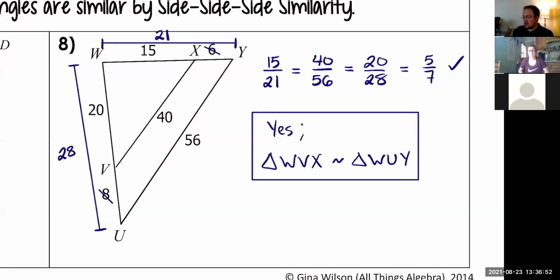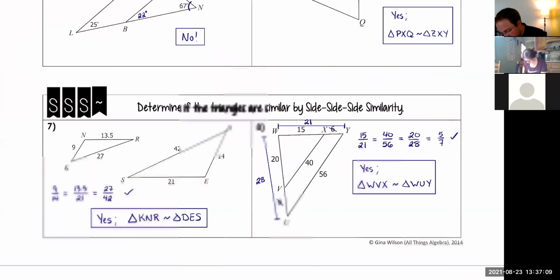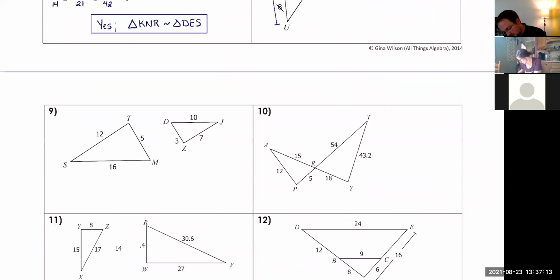Again, you are totally welcome to draw on diagrams as I do. If the information starts off a little bit deceiving, sketch in some extra information or clean it up or put little congruent signs and stuff in there. Do what you need to make the diagram work for you.